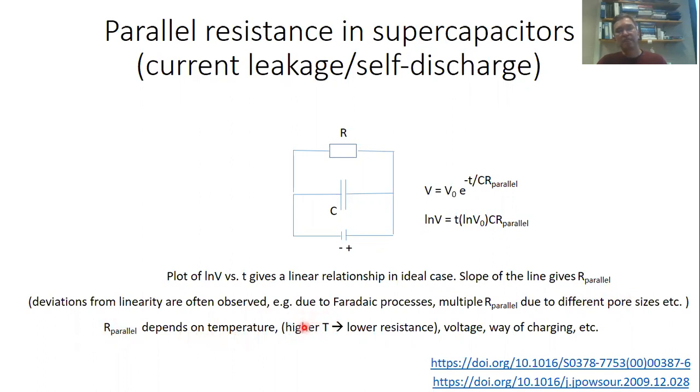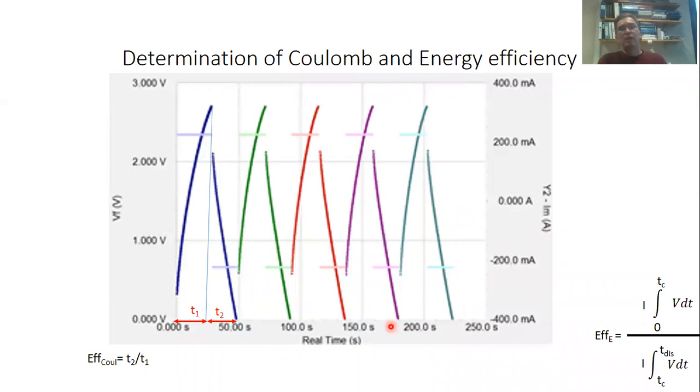Generally, when you go to higher temperature, the resistance becomes smaller as more electrons can statistically leak through the electrolyte to the opposite electrode.